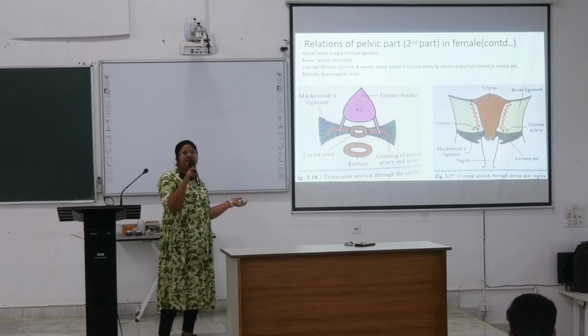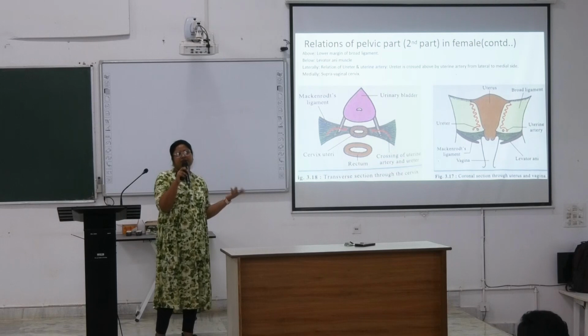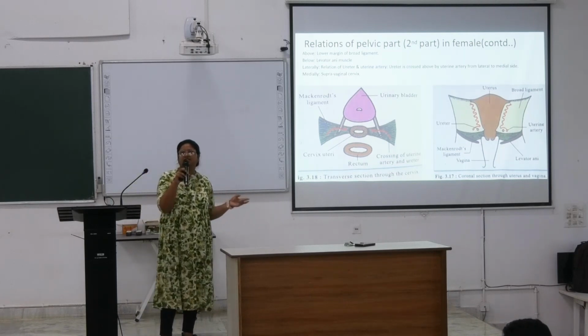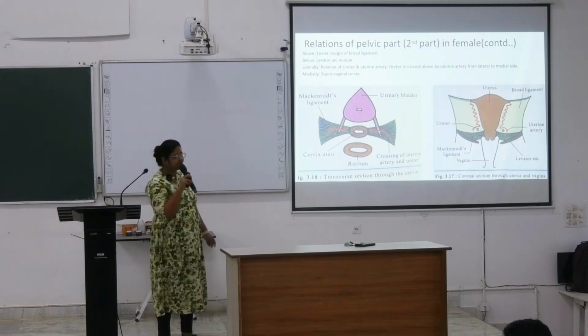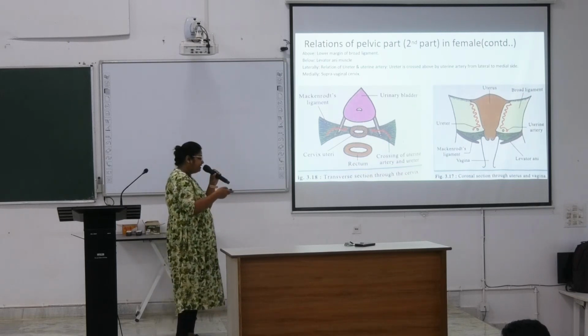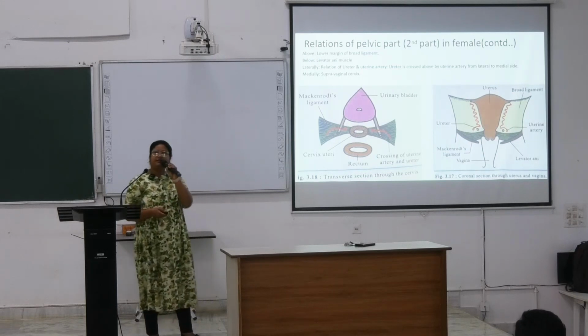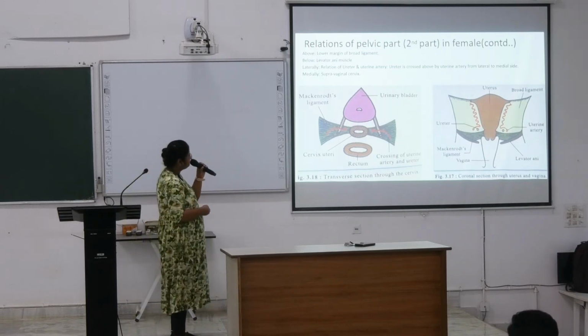If you ligate the ureter, there will be blockage in urine flow, development of hydroureter and hydronephrosis, and the kidney will be damaged. So you have to be careful during ligation of the uterine artery to prevent bleeding during parturition.